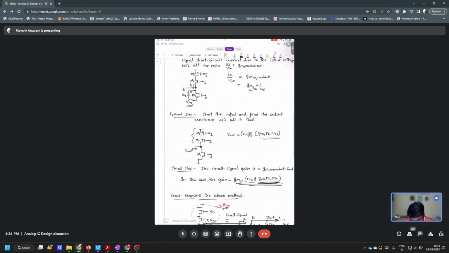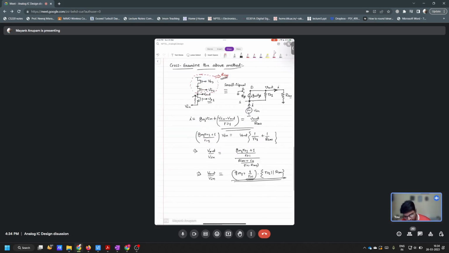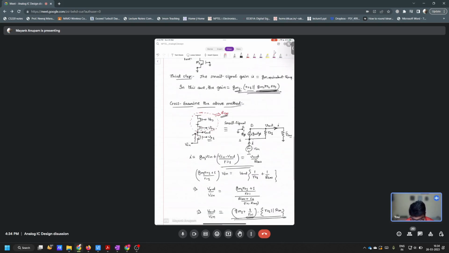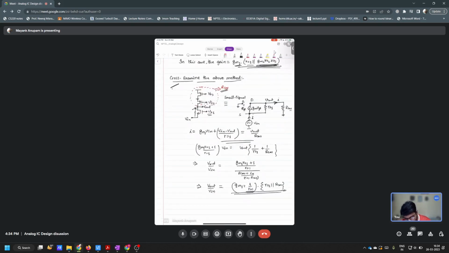So basically this is the correct method, right? This method that we just devised, simply finding the short circuit current and then the output resistance, also works, as is evident from the fact that when we cross-examined using the actual method to find the small signal gain, we get the same answer, right?